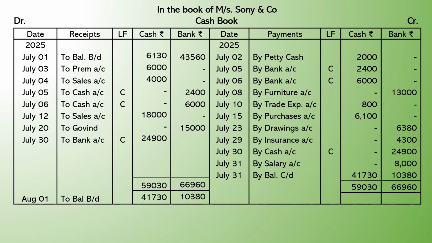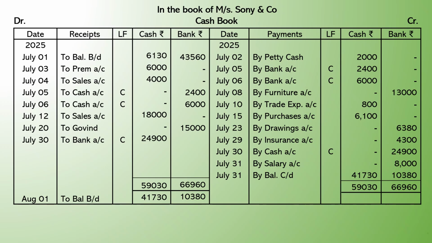Prem's check deposited into bank 6,000 rupees, contra, enter on both sides. On the debit side show to cash account and enter the amount in the bank column. On the credit side show by bank account and enter the amount in the cash column. Also mention c on both sides in the LF column.